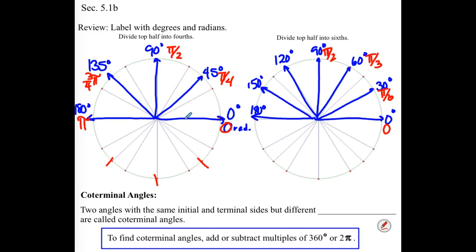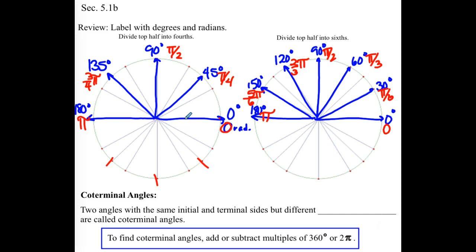Then we're at 4/6, which would be 2/3. And then 5/6. And then 6/6, which is 1 pi. Questions about doing that?